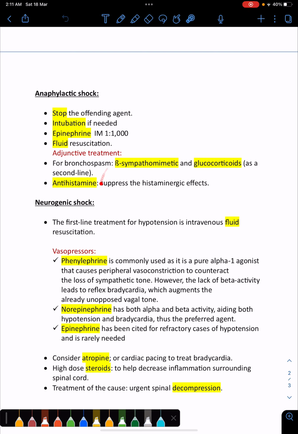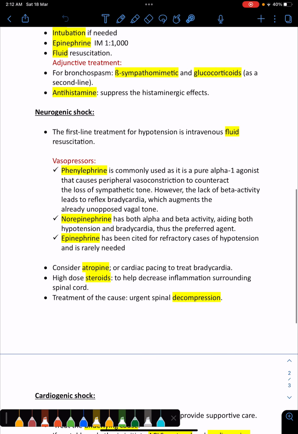Okay, so that's anaphylactic shock: stop the offending agent, intubation, epinephrine, fluid, and adjunctive treatments such as beta sympathomimetics, glucocorticoids, and antihistamine. Okay, with that being said, right now we're gonna take neurogenic shock.